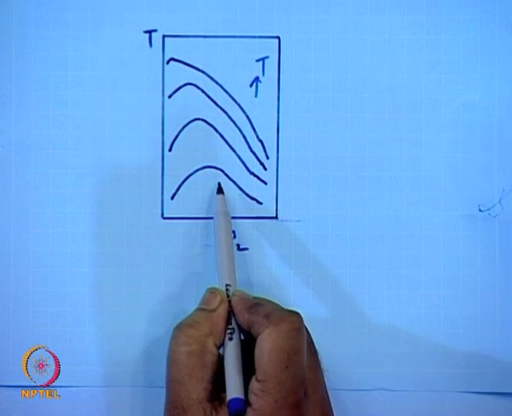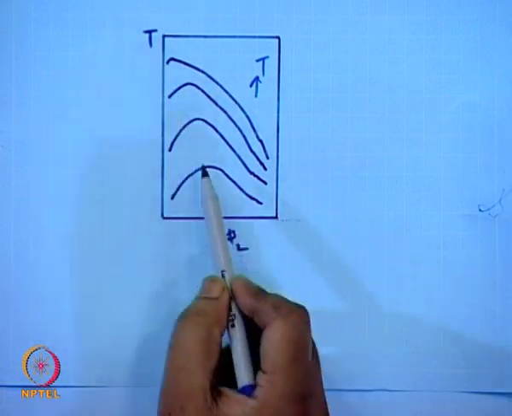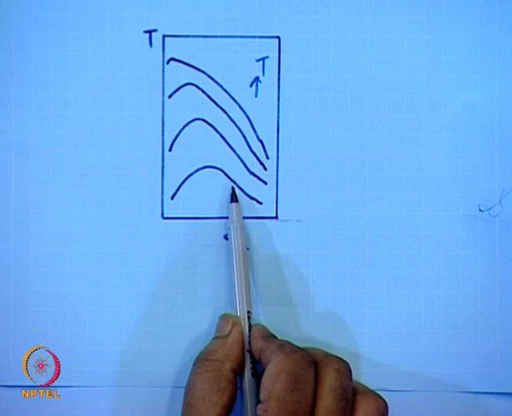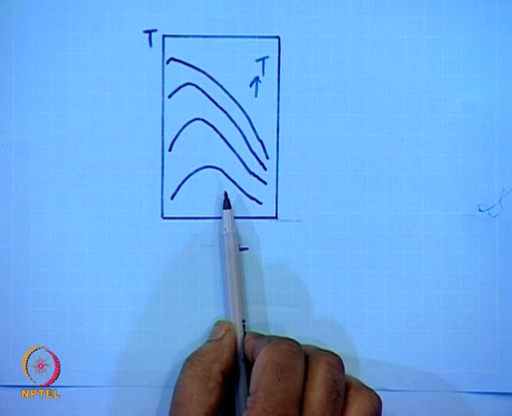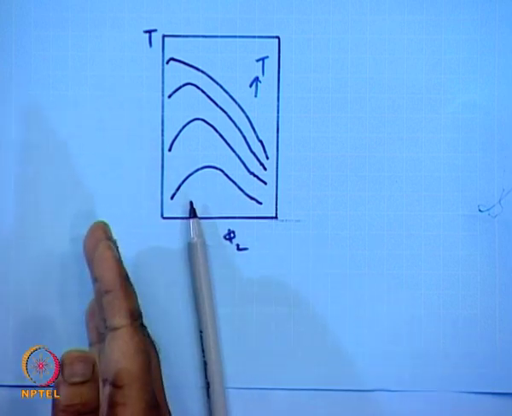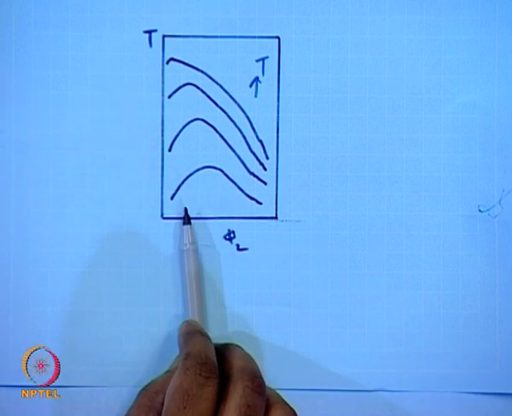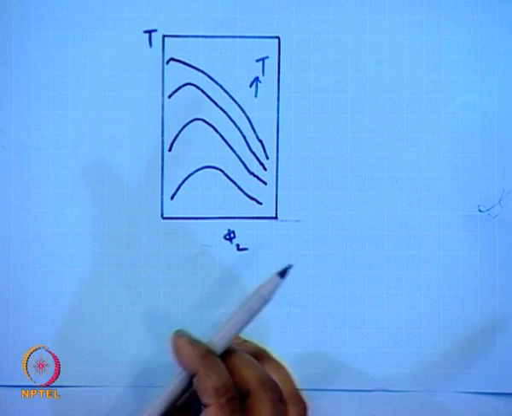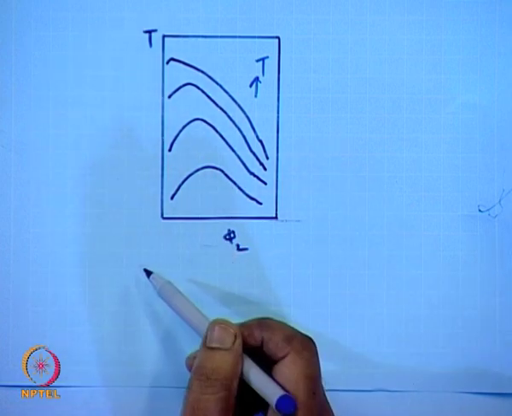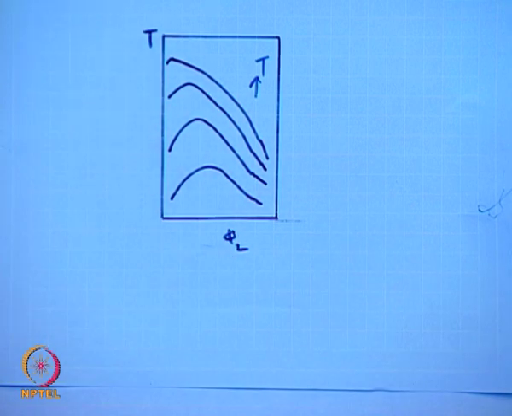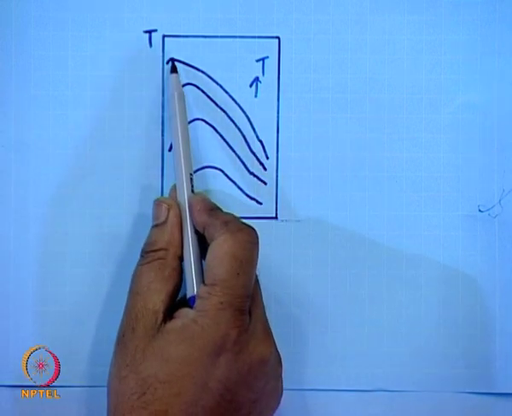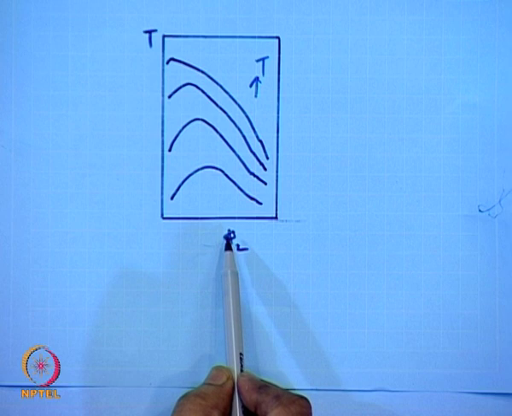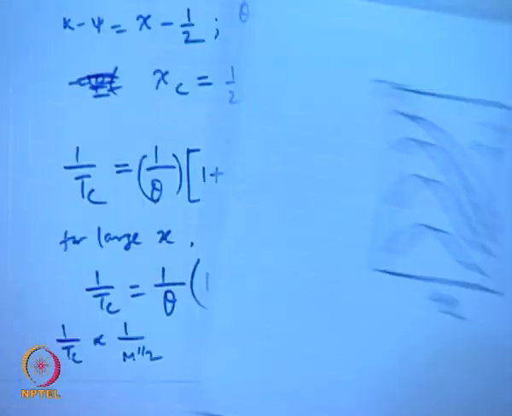As the molecular weight goes up, the critical temperature also goes down, and the critical composition at which the phase separation takes place also becomes lower. Okay. This is the experimental curve, which we just saw from theoretical calculation, that T c goes up and the phi 2 comes down.